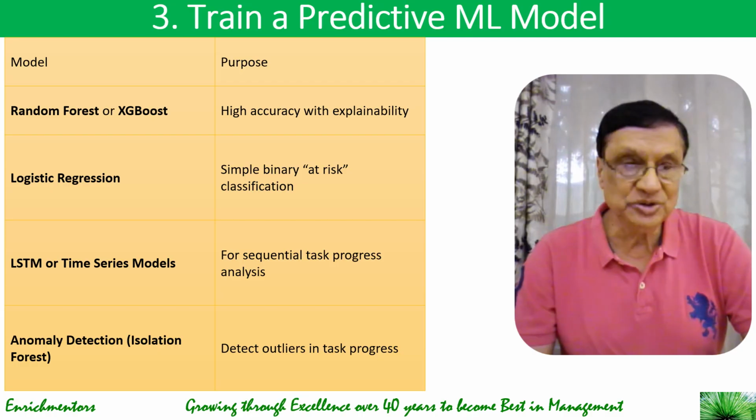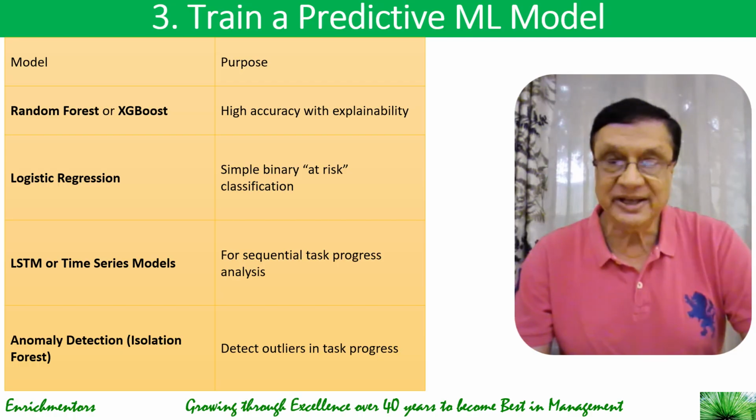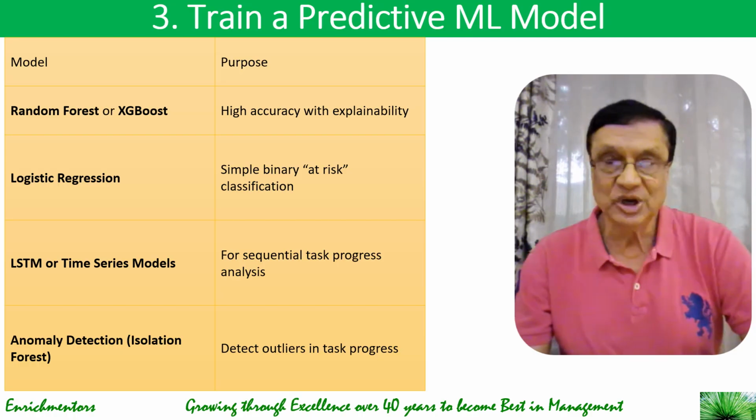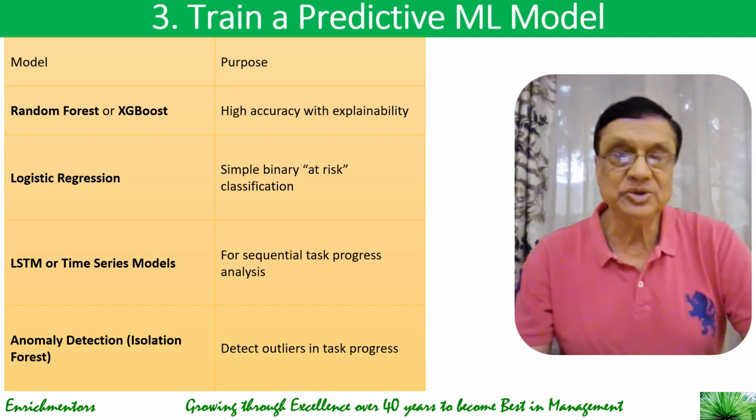And you can use isolation forest or anomaly detection to detect outliers in the task progress. Your output would be task scores from 0 to 1 for each task, and a binary flag, at risk versus on track. So that's how you can train a predictive machine learning model.